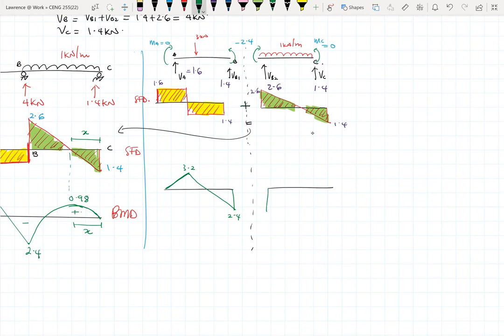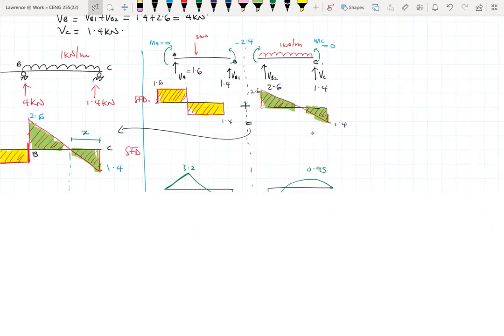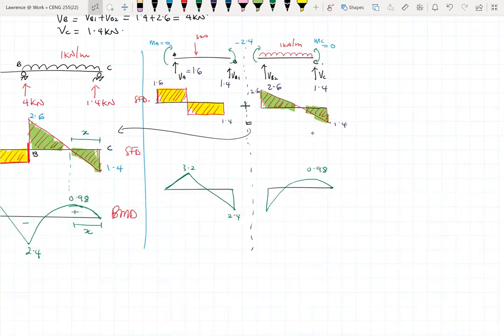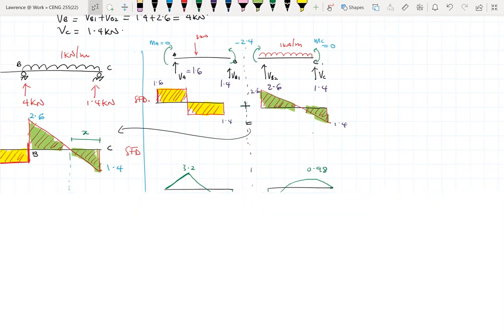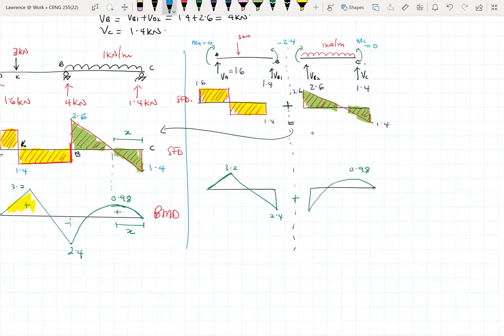Then your moment diagram, when you draw it, will begin to go this way, that way, and then come back to zero, with the maximum being 0.98. If you add these two together, the left side is right here, up to this point.